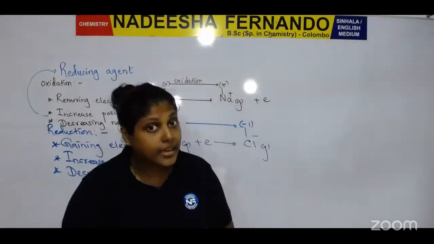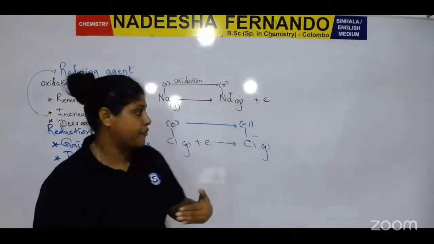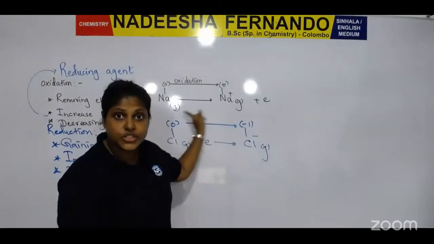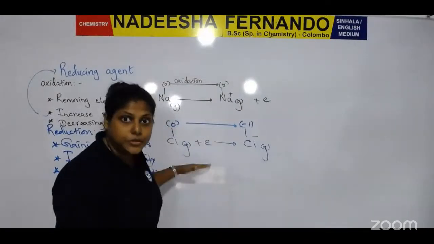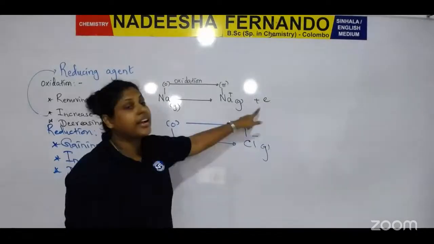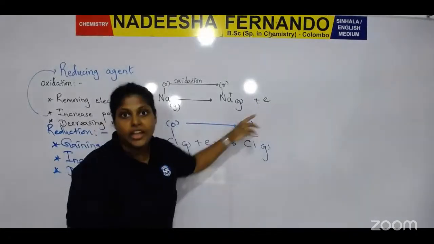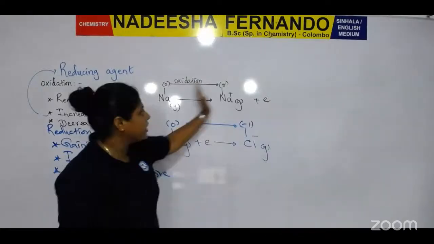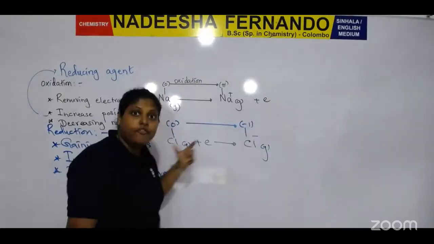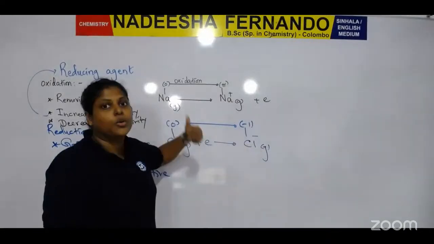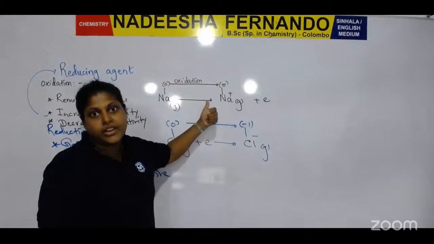When chlorine takes the electron from sodium, it helps to remove the electron from the sodium. So when chlorine is reduced, it helps the oxidation reaction here.